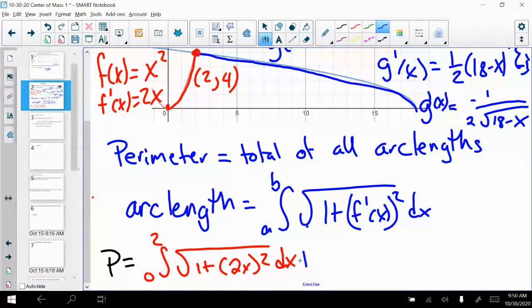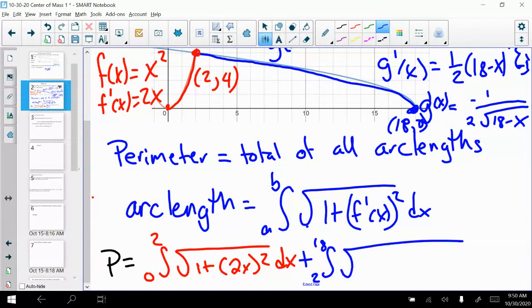And then we will add the blue line, so the integral from x equals 2 to 18, also carefully chosen, of the square root of 1 plus (negative 1 over 2 square root of 18 minus x) squared dx.